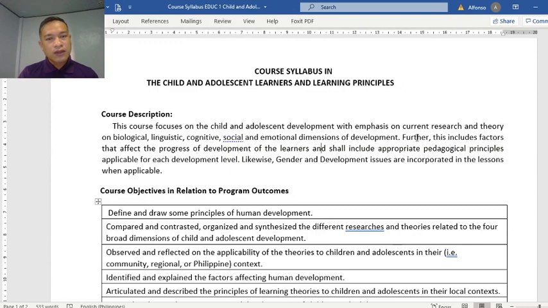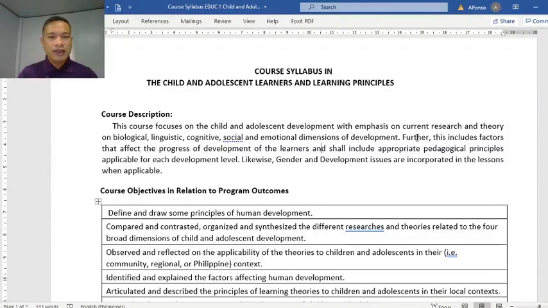And the best way of understanding the child is by looking at his development, by looking at the different dimensions of his development.